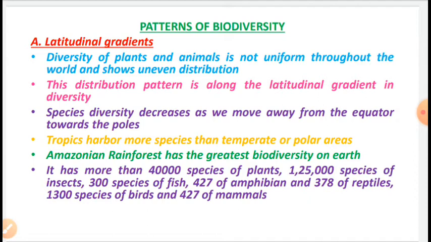So, you can compare different regions this way as per their latitudinal range and the number of species observed there.